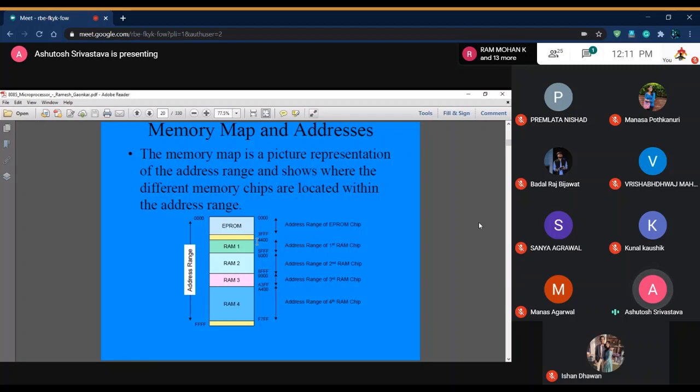The instruction for addition would be in, say, RAM 2, from 6000 to 8FFF. You have all types of instruction like addition, subtraction, multiplication, OR, and all kinds of arithmetic, logical, and other operations, which we will be talking about at a later stage.